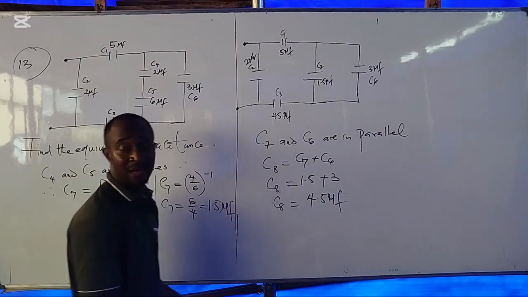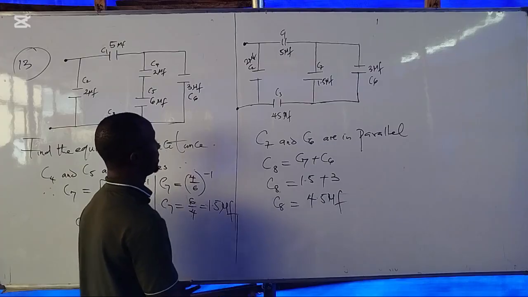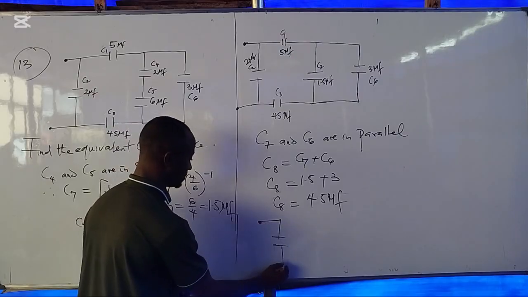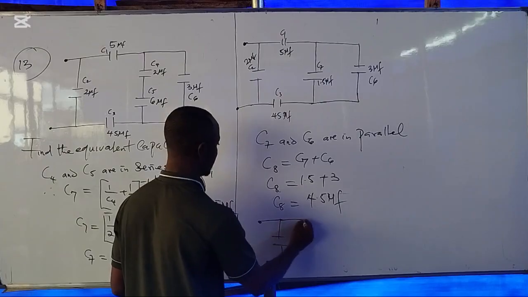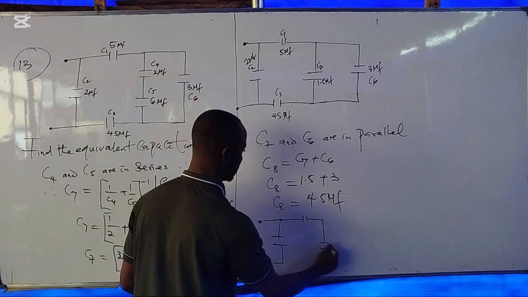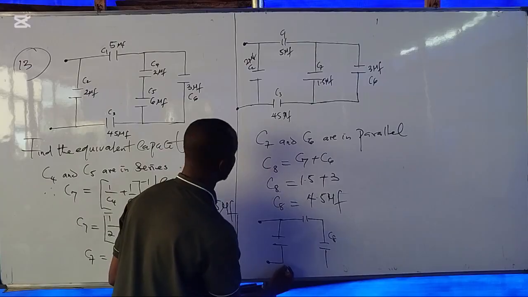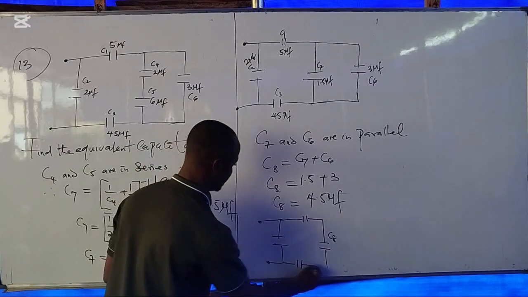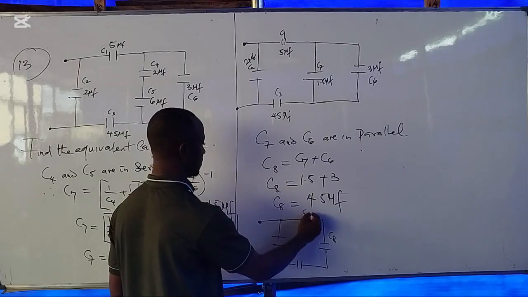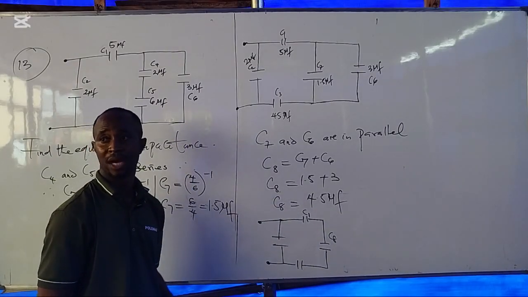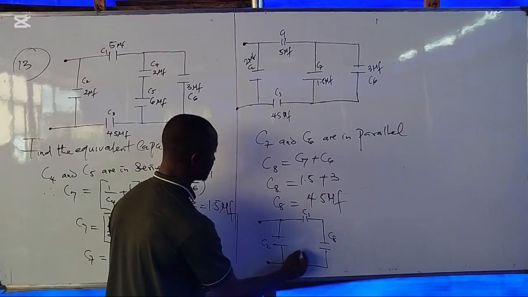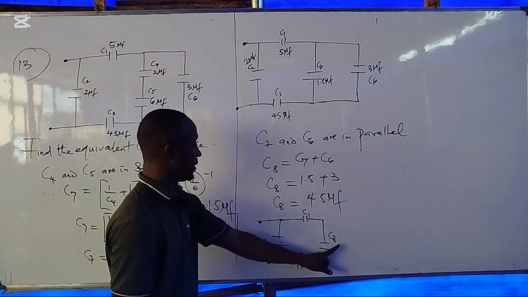So our new diagram becomes this. Let's see our new diagram now. Here we have C1. Here becomes C8. Here becomes C3. Are you seeing it? Here we have C2.